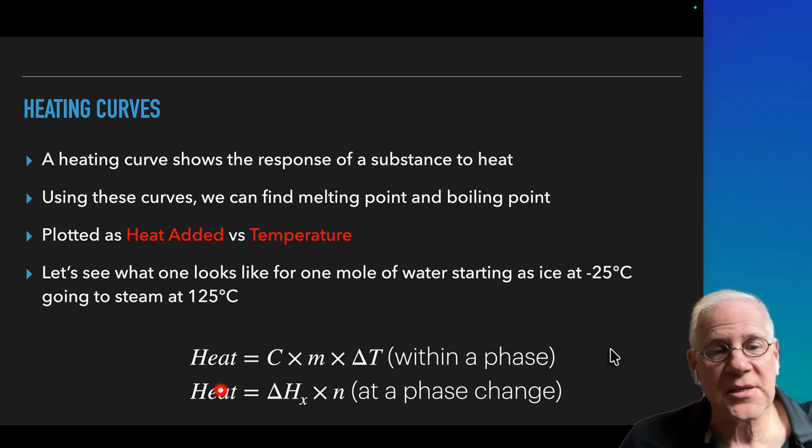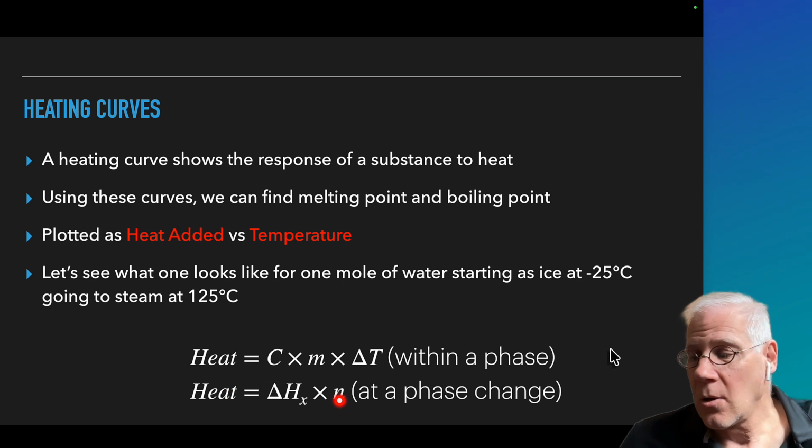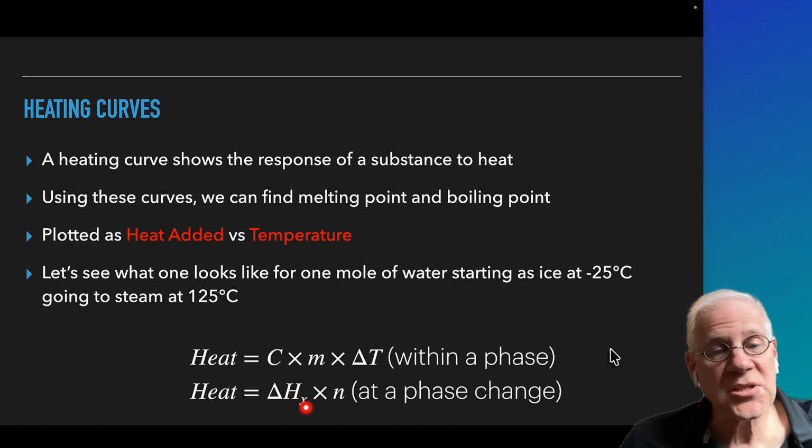If we come down here to this next equation, this is the equation you use when you reach a phase change boundary. So once you reach the temperature of a phase change, like 0 or 100 for water, we're going to take the delta H, and they just have X there because the X is either vaporization or fusion. Which enthalpy change are you doing? What's the enthalpy of that phase change?